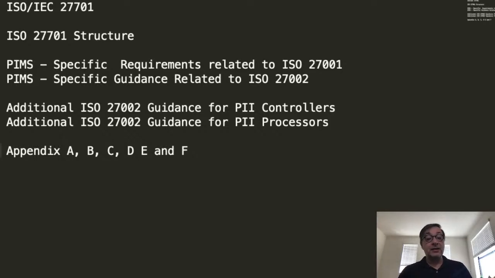So the guidance in clause 6 and the additions in the clause create the PIMS-specific guidance for PII controllers. The implementation guidance documented in this clause relates to the controls listed in Annex A. There are some conditions for collecting and processing.